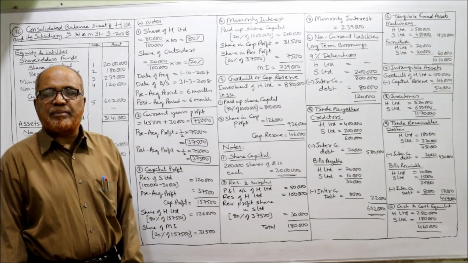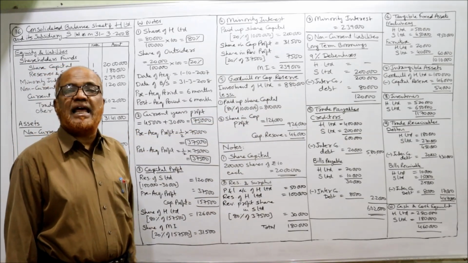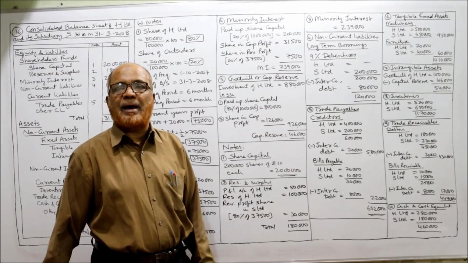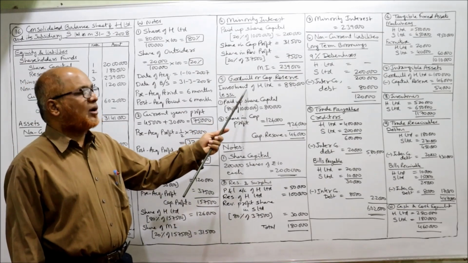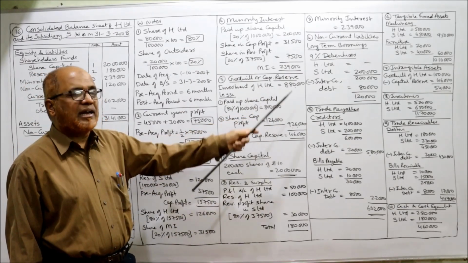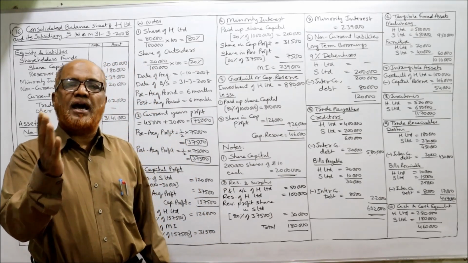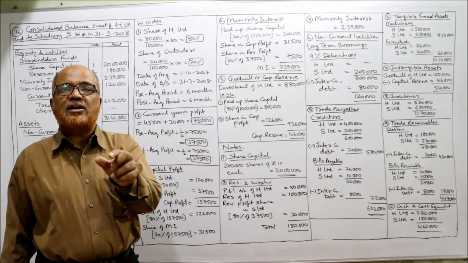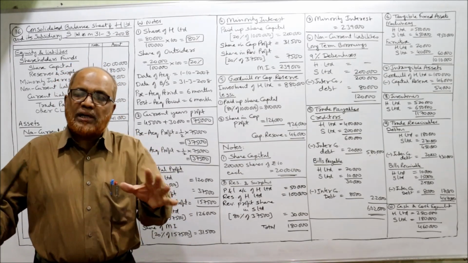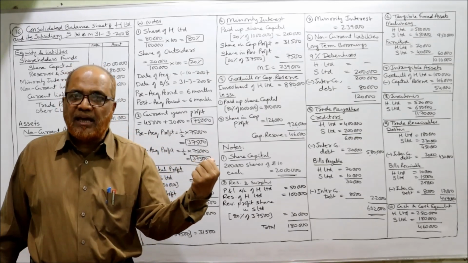Now goodwill or capital reserve. First of all, investment of H Limited is 8,80,000, given on the asset side of the problem's balance sheet. From this we deduct two items: paid up share capital and capital profit. Paid up share capital is 80% of 10 lakh, since the total share capital of S Limited is 10 lakh and 80% is held by H Limited.